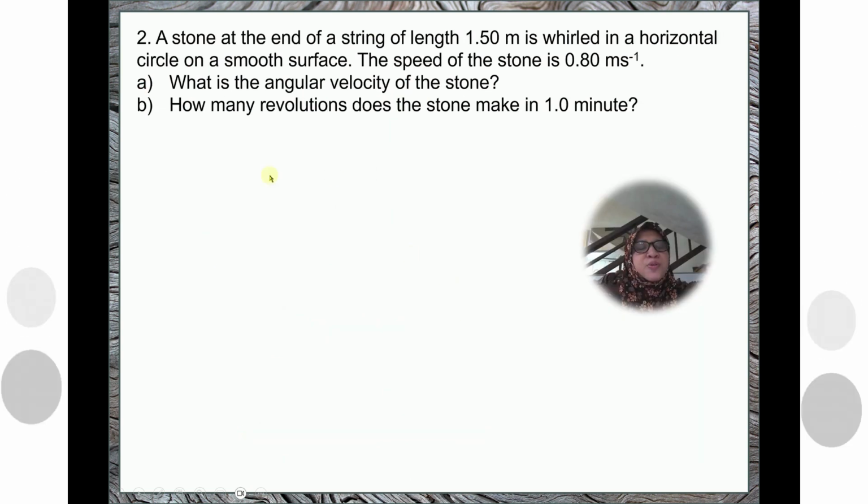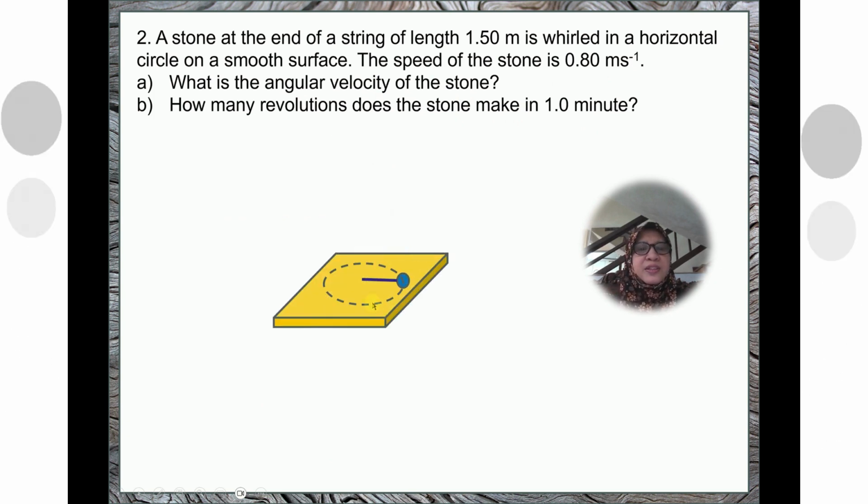Okay, we go to question 2. A stone at the end of a string of length 1.50 meters is whirled in a horizontal circle on a smooth surface. The speed of the stone is 0.80 meters per second. So what is the angular velocity of the stone? And then how many revolutions does the stone make in 1 minute? Okay, so you can imagine like this as the diagram shows here.